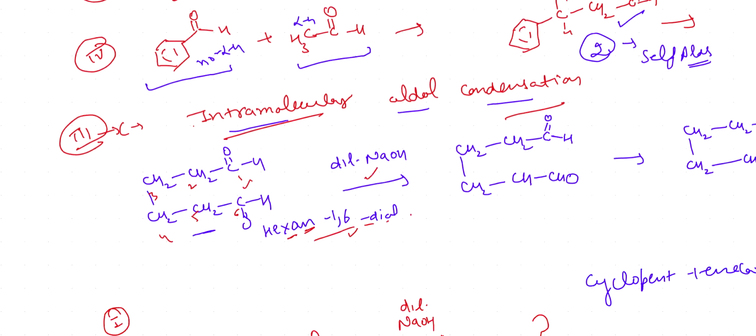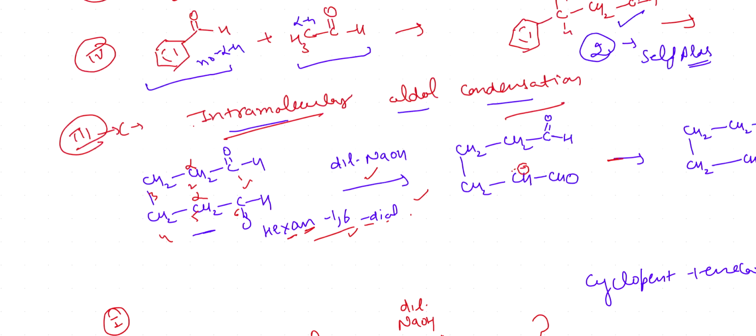For a base catalyzed reaction, first of all, there is the abstraction of H positive from its alpha carbon. So this is alpha carbon, this is alpha carbon. The alpha hydrogen will be abstracted from any one carbon, either from carbon number 2 or 5. I have shown here the alpha hydrogen has been abstracted from carbon number 5, and there is negative charge on this carbon. Clear? The second step is nucleophilic attack by this carbon on the aldehyde.